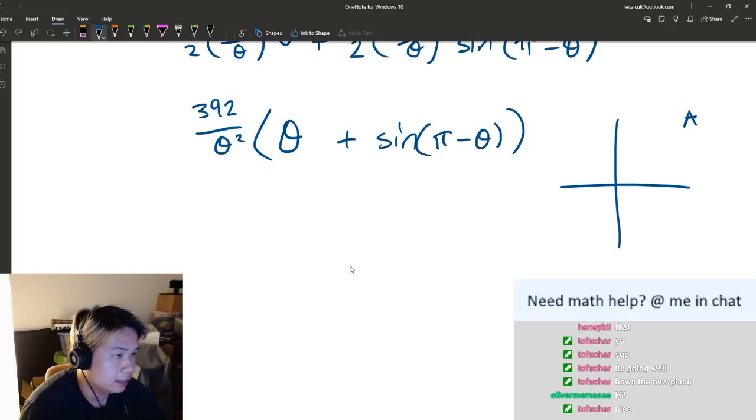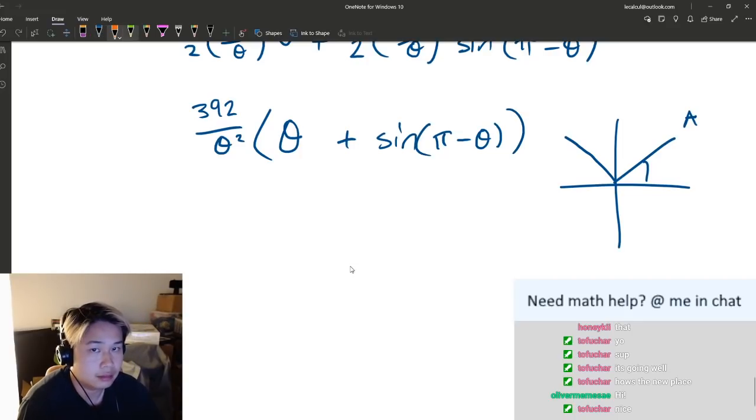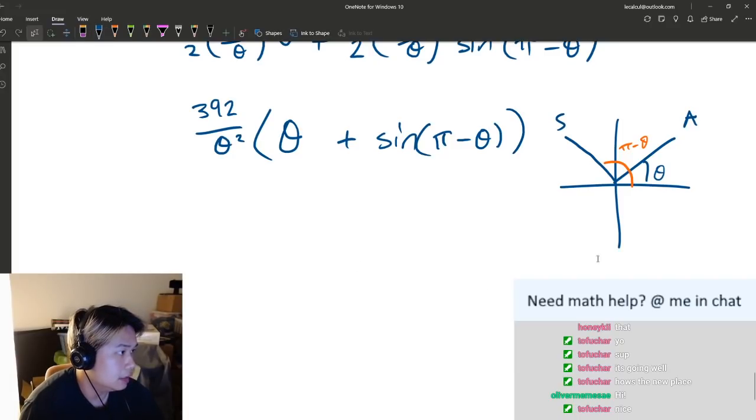In quadrant 1, whatever value sine has, the angle here, which is pi minus theta, which is in quadrant 2, these have the same value, no matter what.